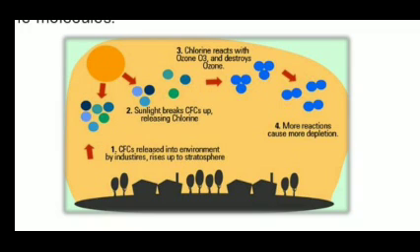This chlorine monoxide then reacts with ozone, then forms oxygen molecules and chlorine monoxide. This is a cyclic reaction. Nearly 1 lakh ozone molecules are destroyed by 1 chlorine atom.